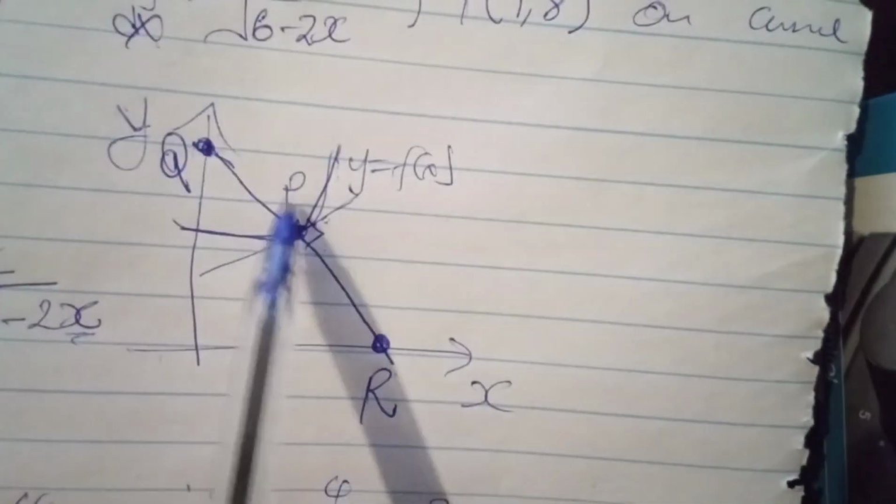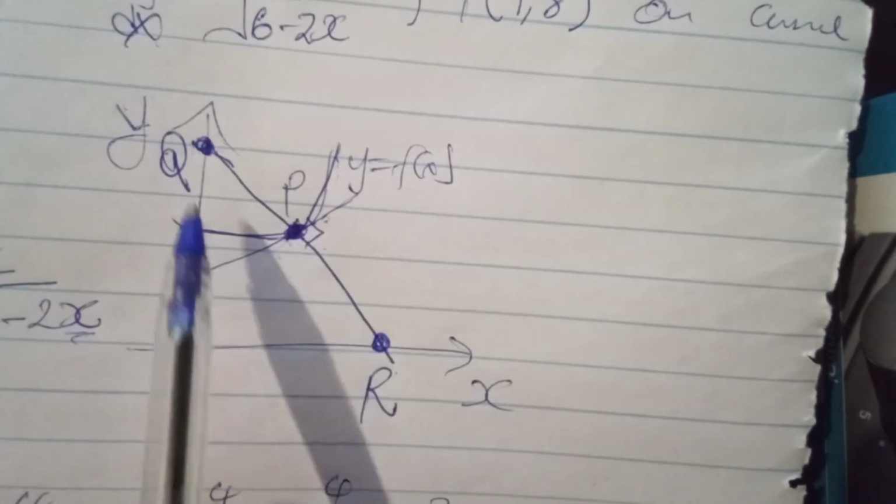Now you divide by 2 on both sides, so we have this equation, and this is 17, so 17/2. Now, since we have this equation of the normal, you can use it to determine these points.